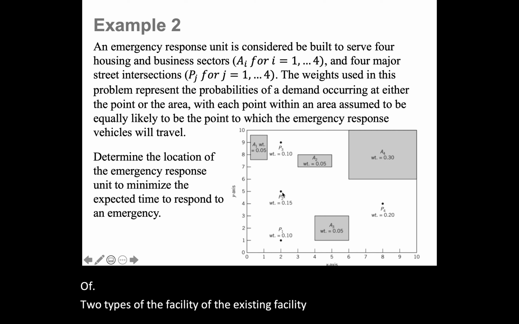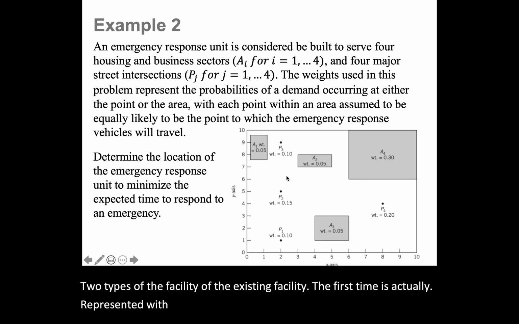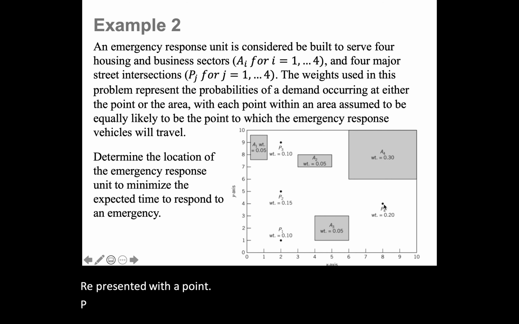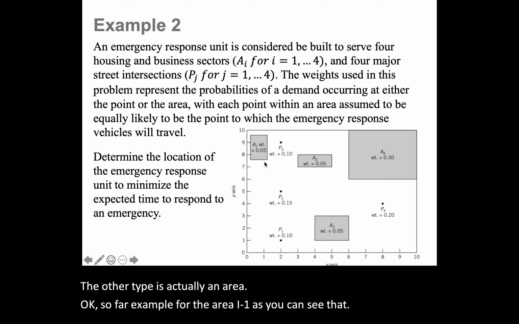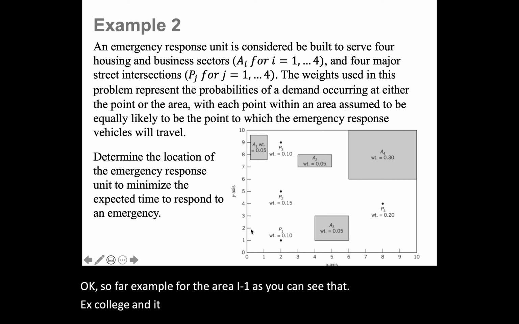The first type is represented with a point, P1 to P4, and the other type is actually an area. Okay, so for example, for the area A1, as you can see, the x coordinate will range from 0 to about 1.5, and etc.